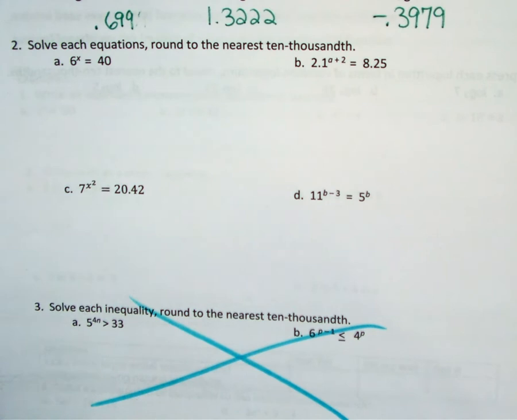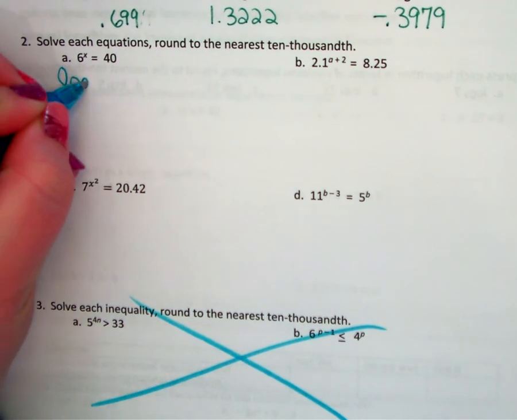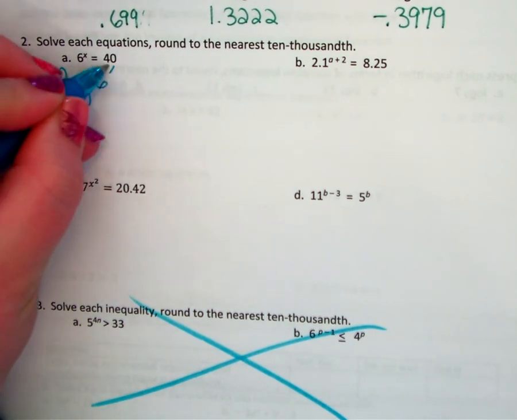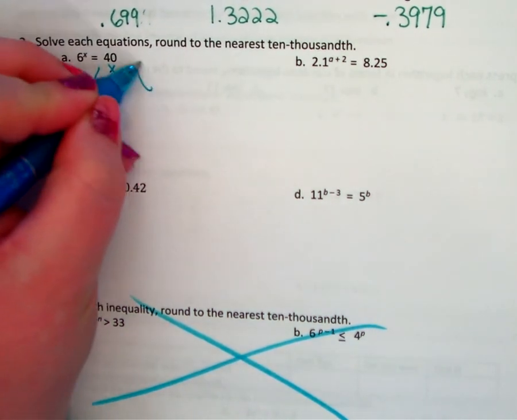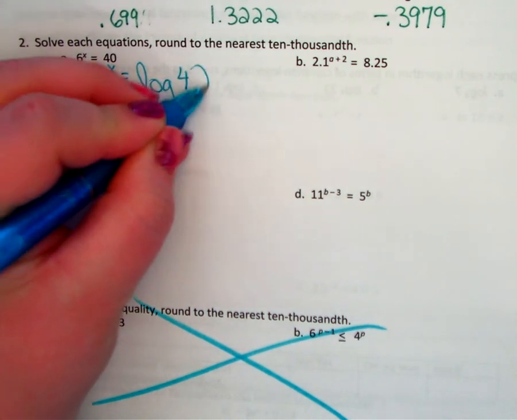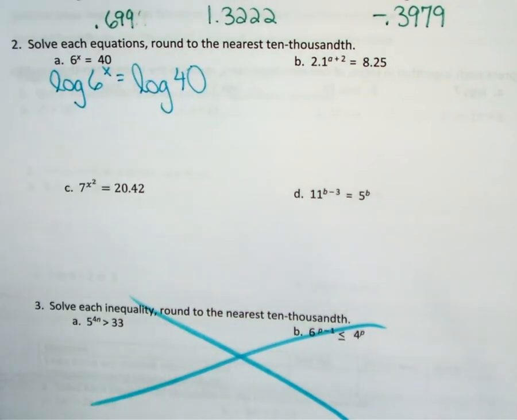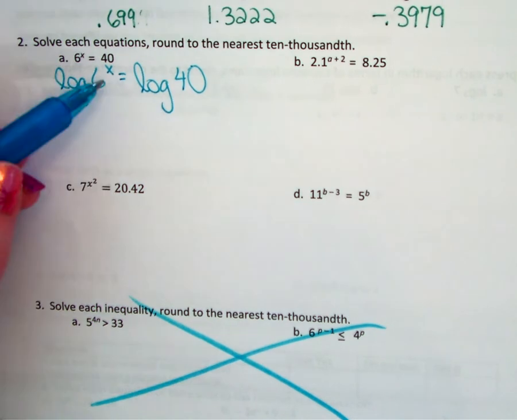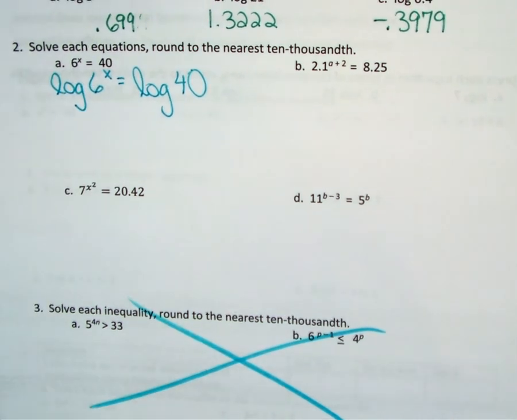We do that by taking the log of both sides or using that base 10. If I take the log of 6 to the x and the log of 40, I can now use the process that I was using on my calculator and use our power property from 7.5 to solve this problem.